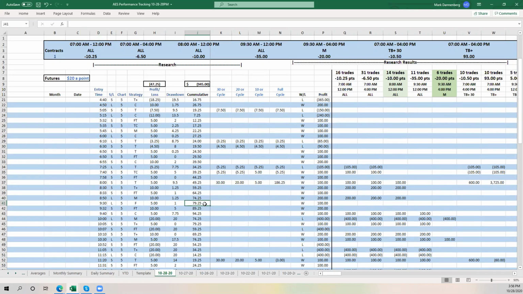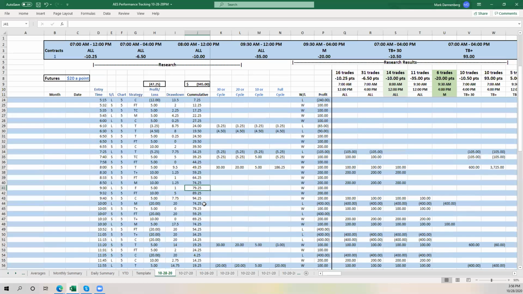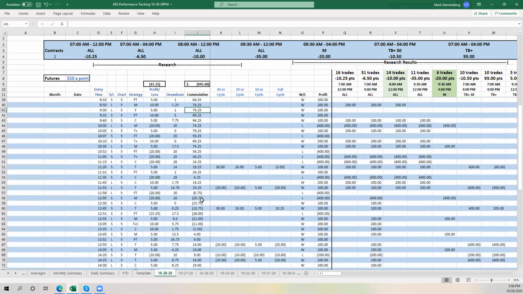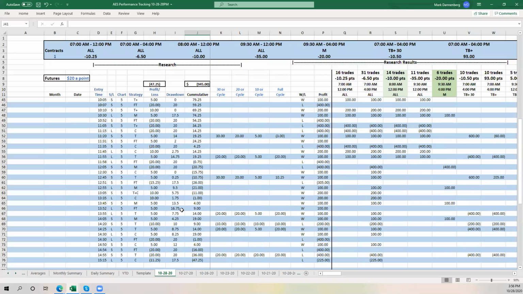Well, if you're up 40 points and you want to call it a day because you met your personal trading goal, there's nothing wrong with that. And then if you scroll on down later, you can see we actually got into negative. And this isn't because we just believe you should trade, trade, trade. We don't believe that at all. What we are doing is building a database of information so that we can most accurately help you understand what the performance of any particular time frame is, what the performance of any signal is.